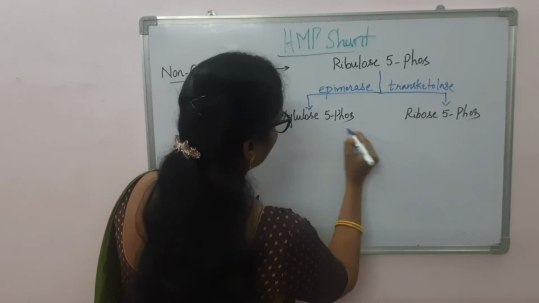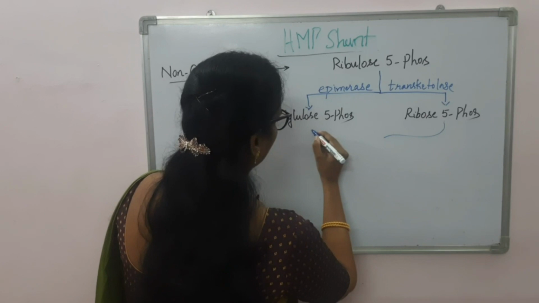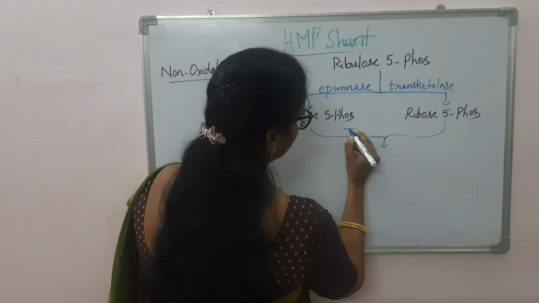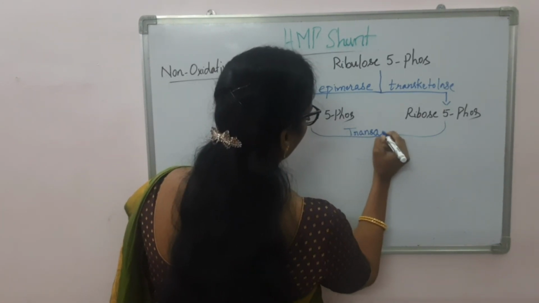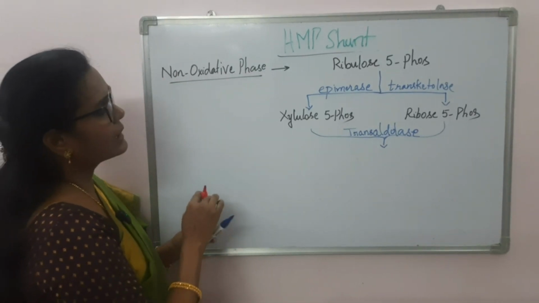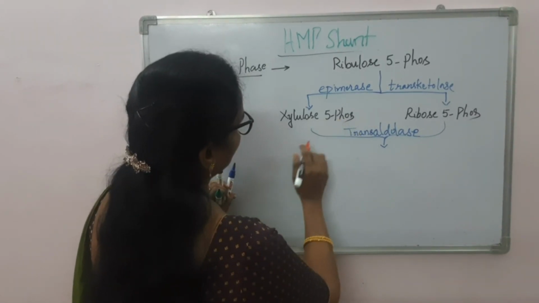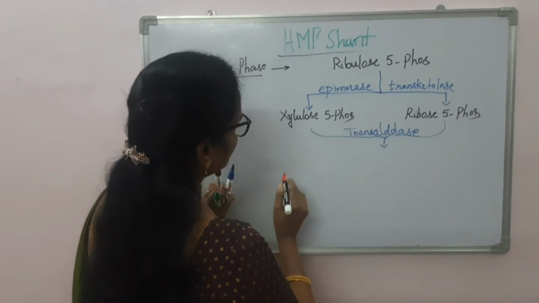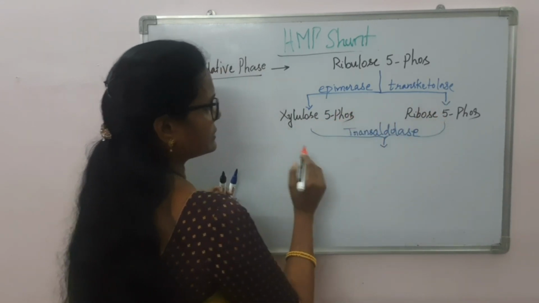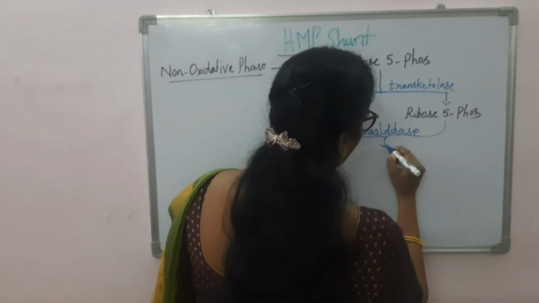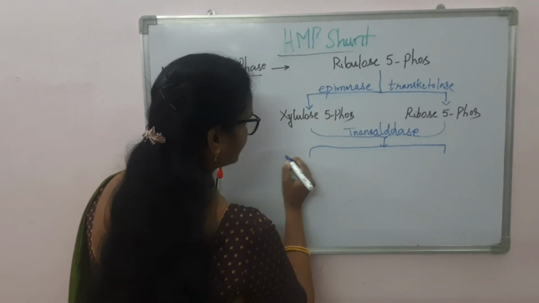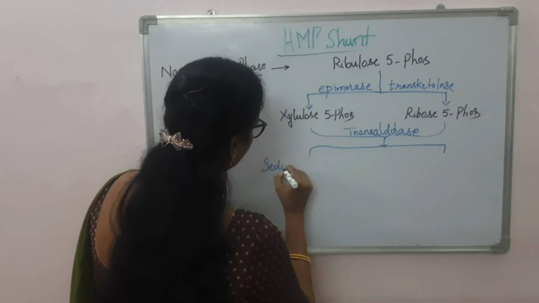Then transaldolase. Transaldolase acts on xylulose 5-phosphate and also ribose 5-phosphate.